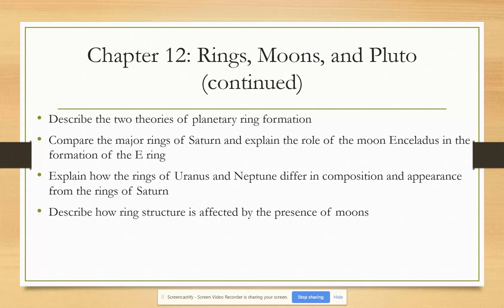I'm not going to have it on the test, but I just wanted to mention this because of the name. Is it named that because it's related to the gods and it was a giant?